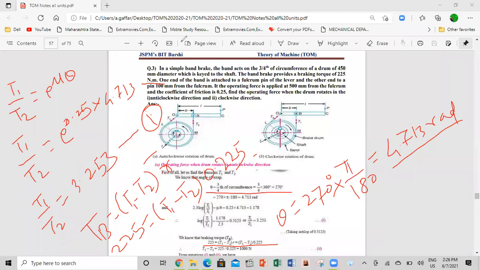After that, divide 225 by 0.225, so T1 minus T2 is equal to 225 divided by 0.225, which is equal to 1000 Newton. This is equation number 2. You got it?